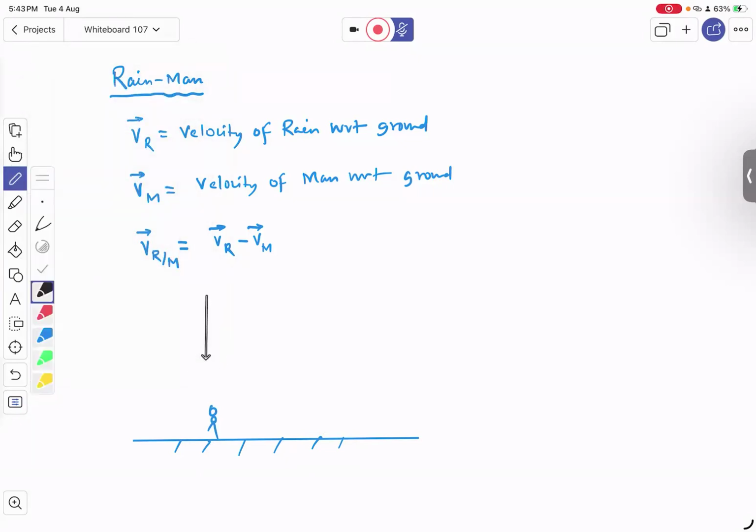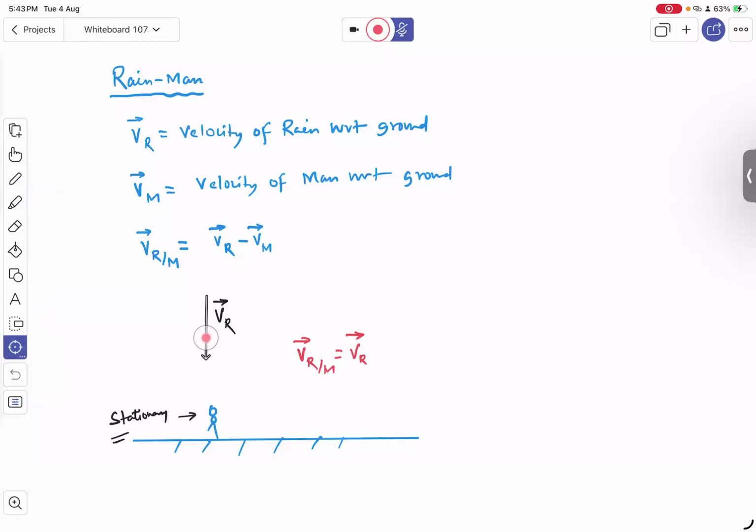So the rain is falling vertically down as seen from the ground frame, and the man is stationary. So the velocity of the man is 0. So in this case, the velocity of the rain with respect to the man is the same as the velocity of the rain with respect to the ground frame, correct?